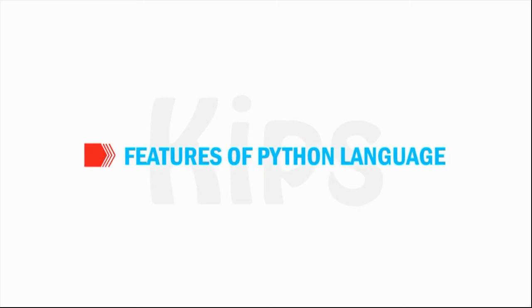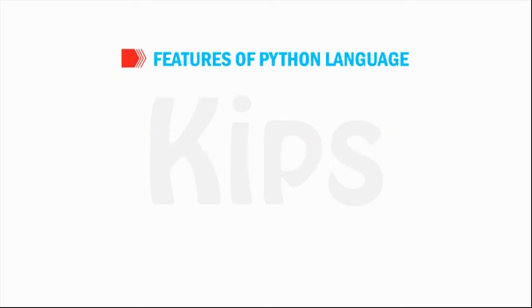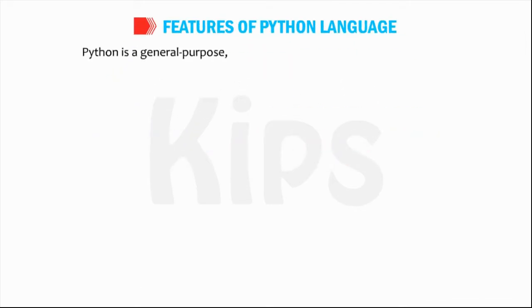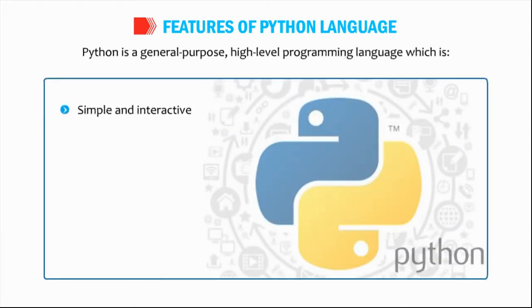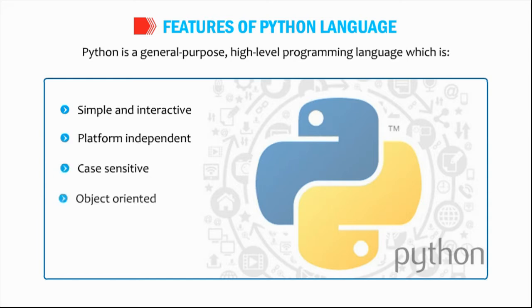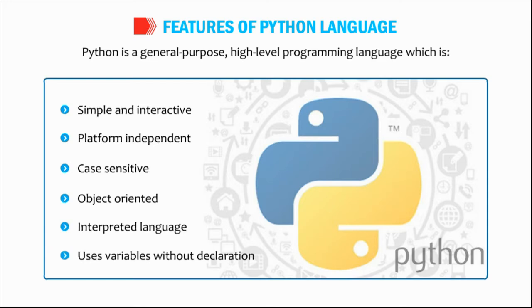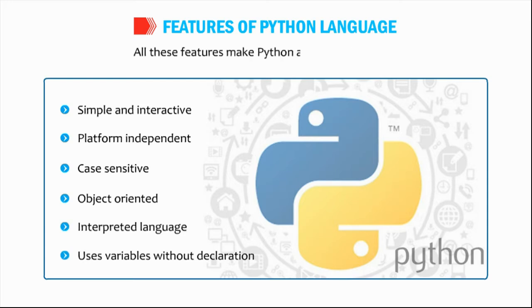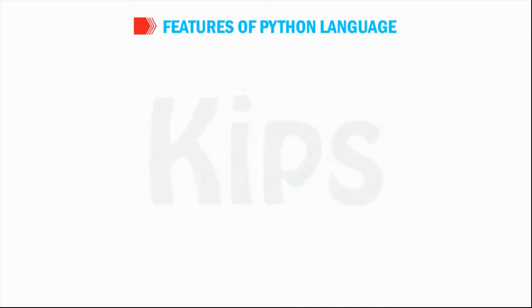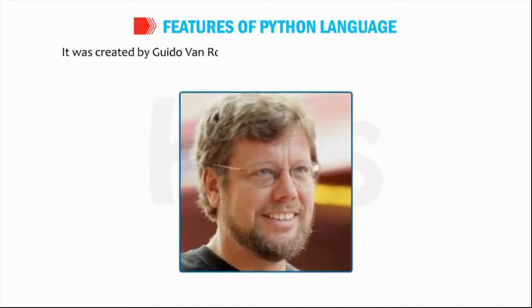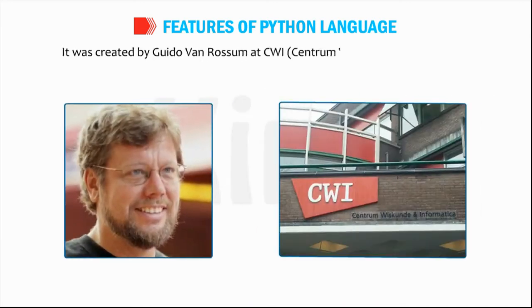Let us know about features of Python language. Python is a general-purpose high-level programming language which is simple and interactive, platform-independent, case-sensitive, object-oriented, interpreted language, uses variables without declaration. All these features make Python a popular language. It was created by Guido van Rossum at CWI, Centrum Wiskunde & Informatica.